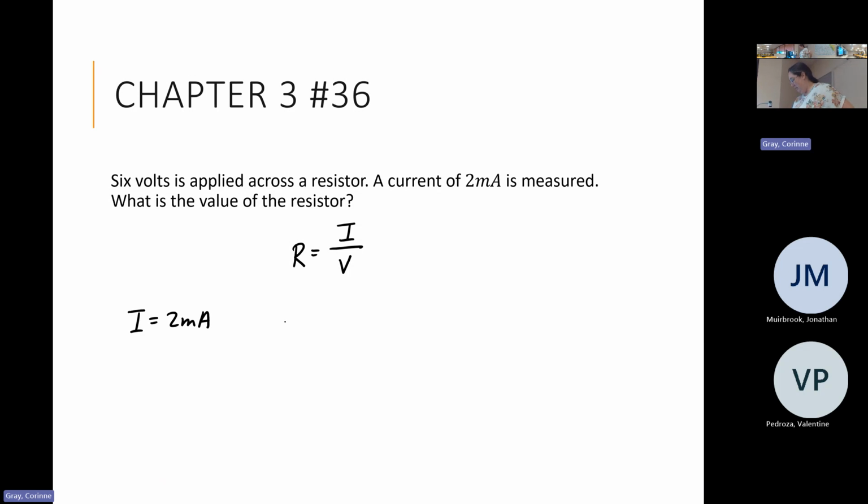What is my V value? My voltage. Okay. So I'm just going to take those and plug it in. I'm going to have 2 milliamps divided by 6. Sorry, I wrote that upside down. Right, it's V over I. Oops. 6 volts divided by 2 milliamps.